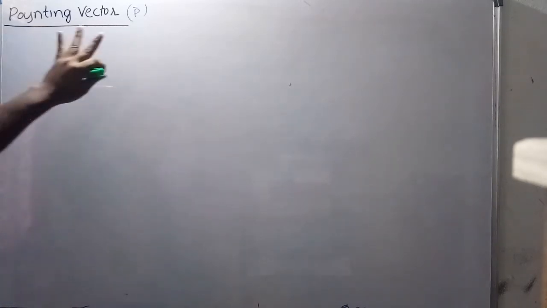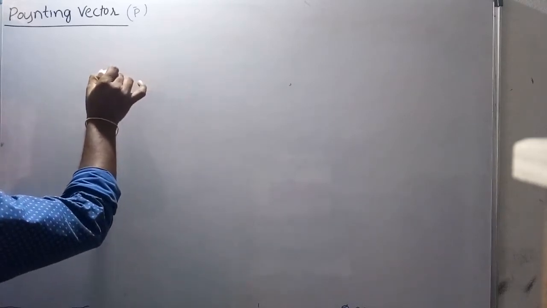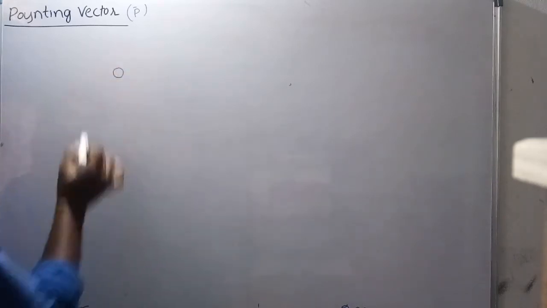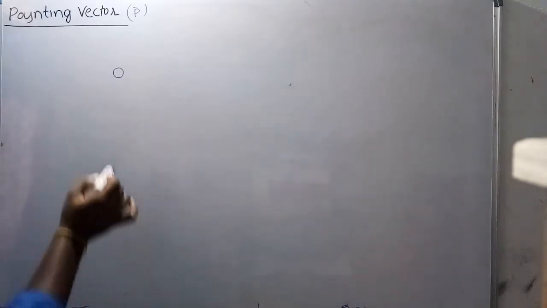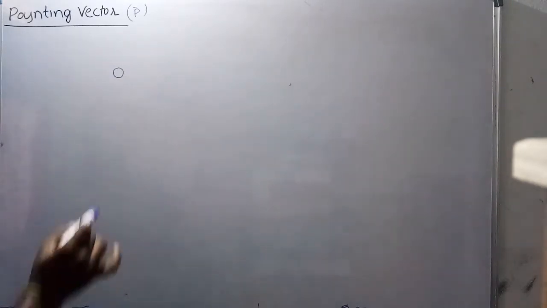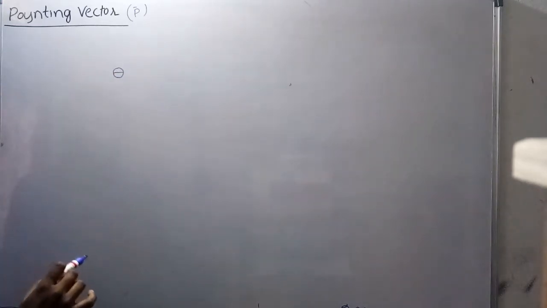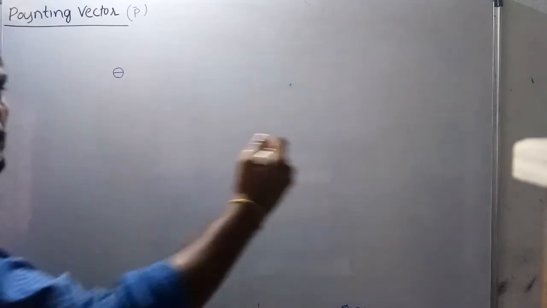To understand this Poynting vector, let us consider a cable. I think it is already discussed in our very first class. For a cable, inside, what is there? There is a conductor. What is flowing through the conductor? The charges are flowing through the conductor.